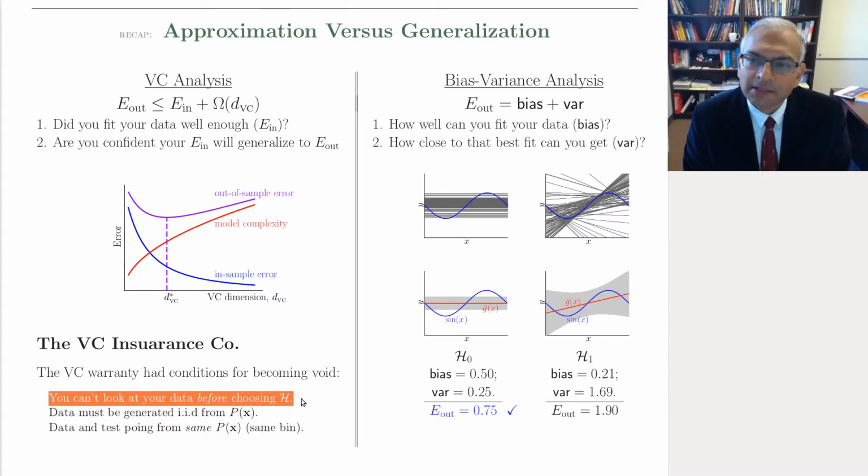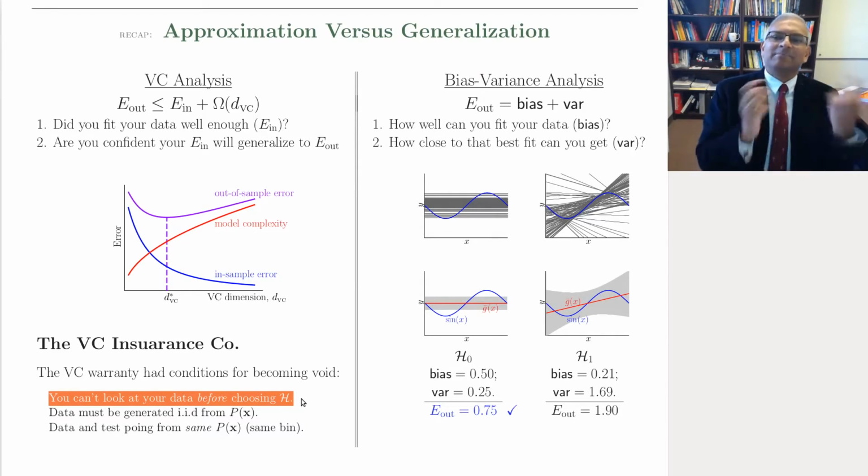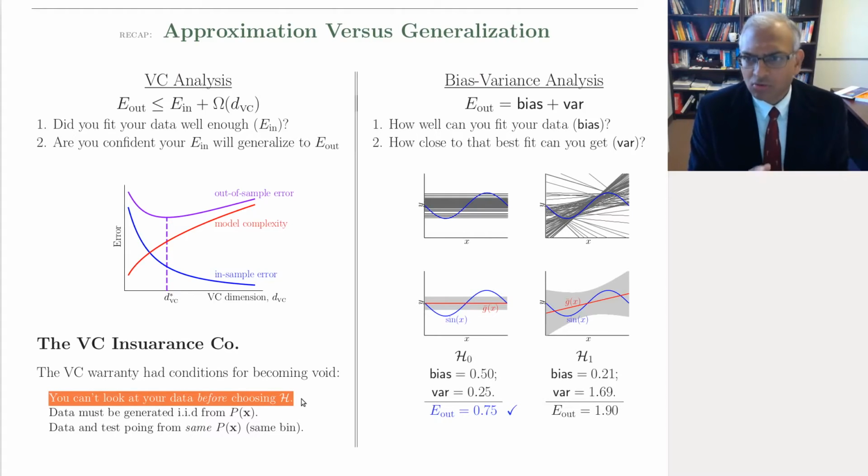Now, that condition is violated all the time, and people are misapplying the VC analysis, thinking that I only need to apply it when I use the big hypothesis set. But if you use the following kind of workflow: let me try a simple hypothesis set. Oh, it succeeded. Fantastic. I'm done. I can use the VC analysis. Oh, but it failed.